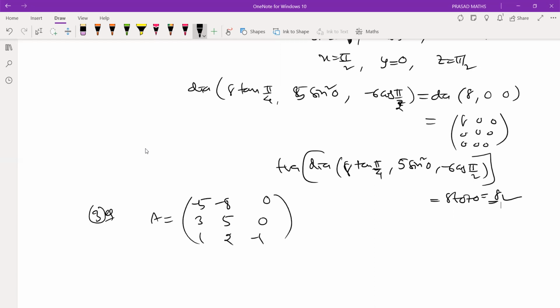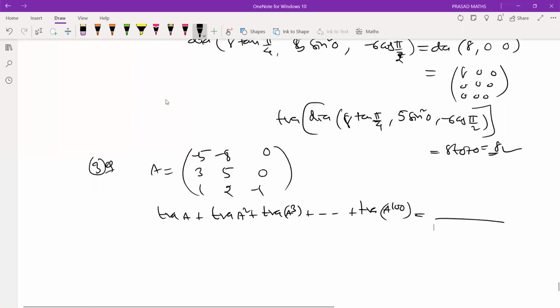You are asked to find the trace of A plus trace of A square plus trace of A cube, and so on up to trace of A power 100. Anybody?